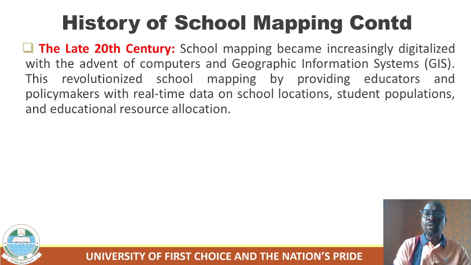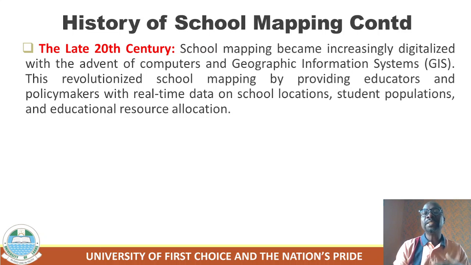The advent of computers has made it more convenient to digitalize the school mapping exercise. The geographic information system has also made it much easier for school mapping to be digitalized. So this revolutionized school mapping.